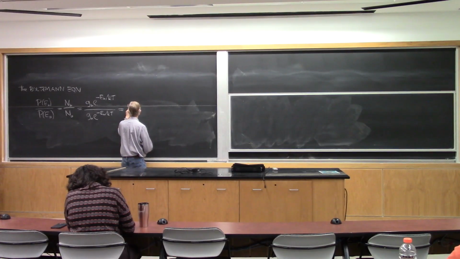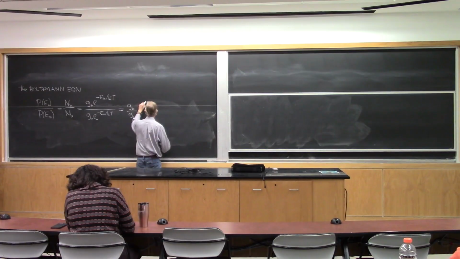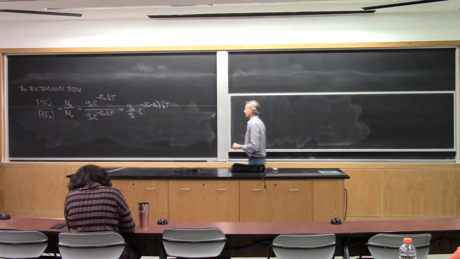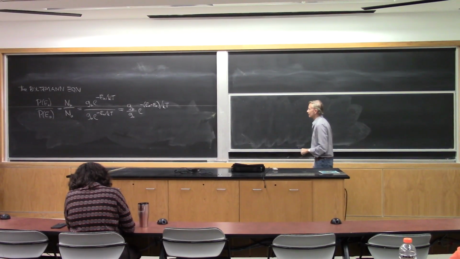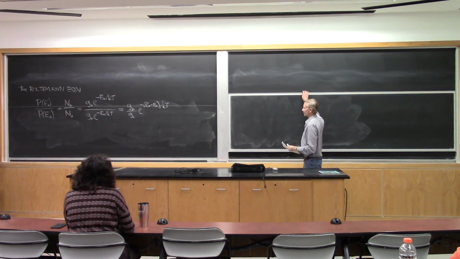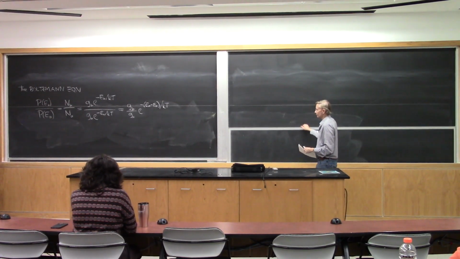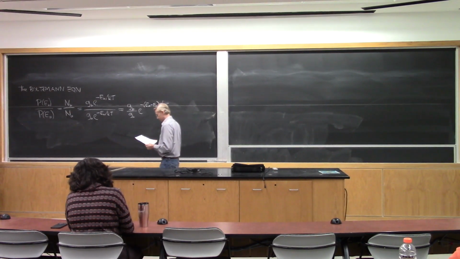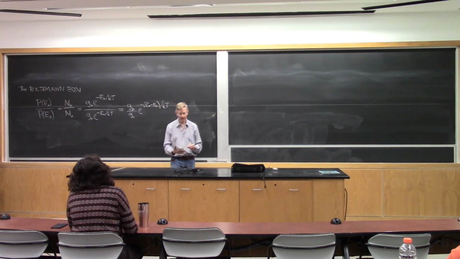And so that would be G sub B over G sub A, e to the minus E sub B minus E sub A, the energy difference, divided by kT. So the bigger the energy difference is compared to kT, the greater the population will be in the upper level state. And so now let's actually use that for something.